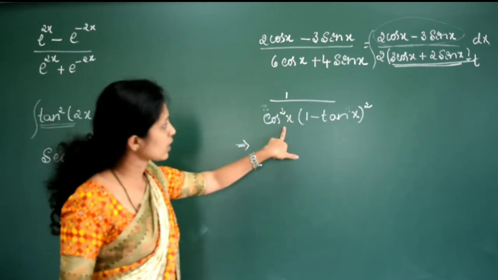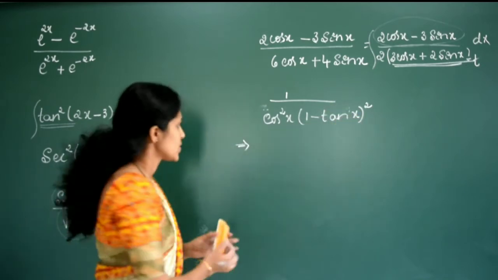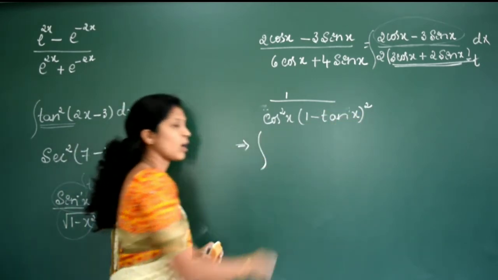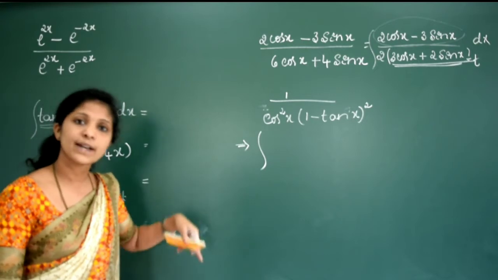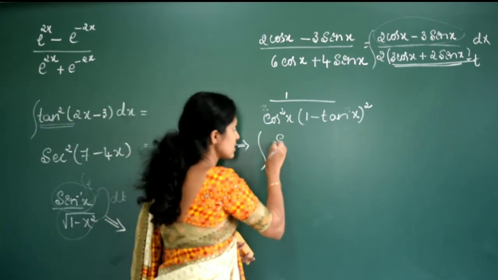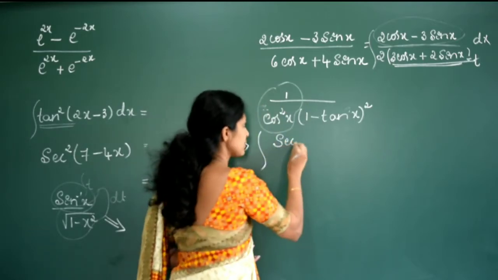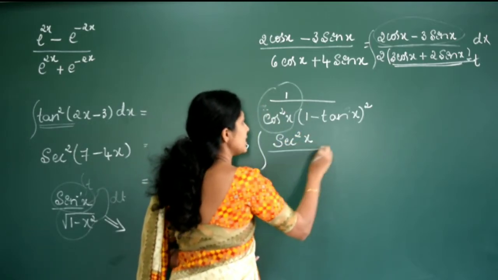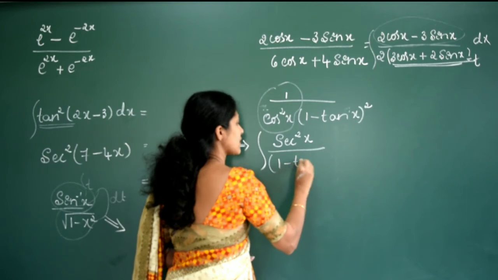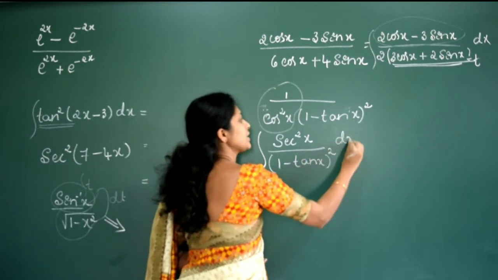1 by cos square x into 1 minus tan x whole square. So what can you write? 1 by cos square x is given. 1 by cos will be equal to secant, right? So we can write this as secant square x divided by 1 minus tan x whole square into dx.